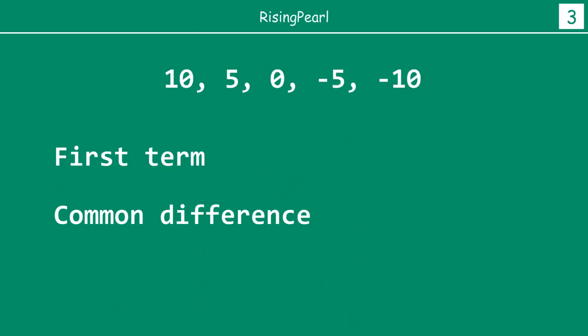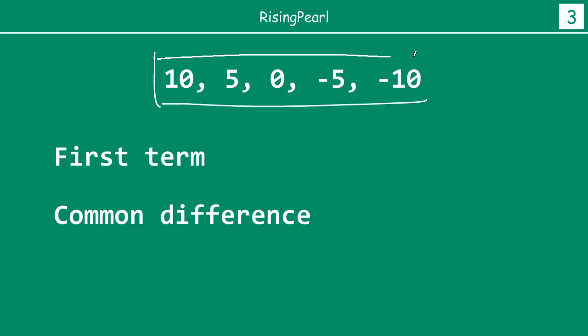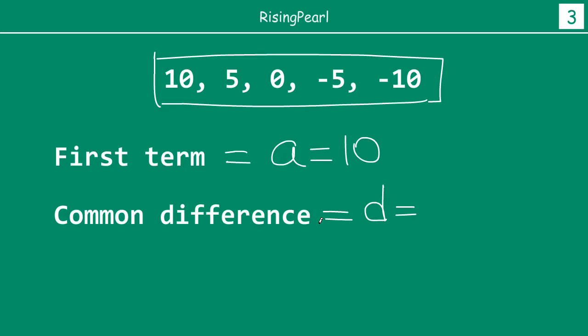Let's take a look at maybe one other example. In this case, this is the second set of numbers. Again, if this is an arithmetic progression given to us, the first term will be represented by lowercase a, and that is 10. Common difference will be represented by lowercase d. And how do we find the value of common difference? We simply take any term from the second onward.